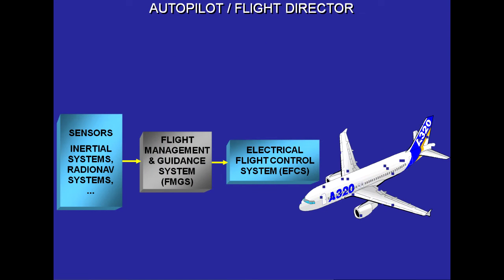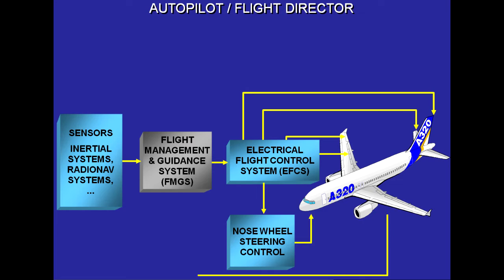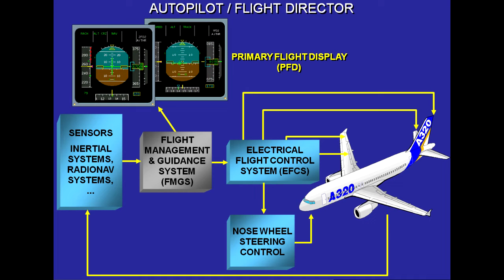The main autopilot, AP, and flight director, FD, functions are stabilization of the aircraft around its center of gravity when the autopilot flight director system holds vertical speed or flight path angle and heading or track, acquisition and holding of a flight path, guidance of the aircraft at takeoff, automatic landing and go-around.